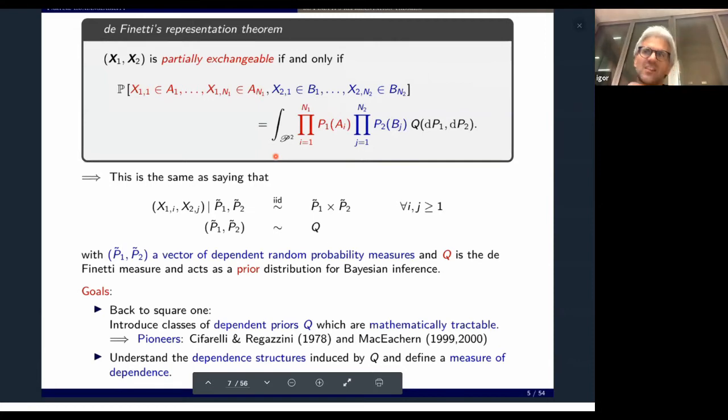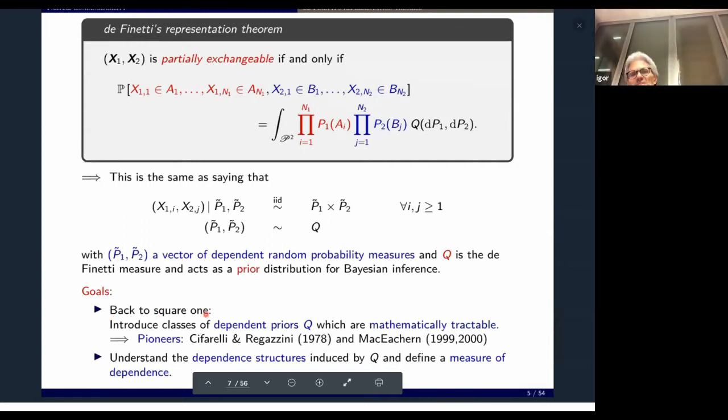And so conditionally on Q, within each sample, they will be IID. If you want to write it in hierarchical form, that's the way to see it: they are IID given a realization of your Q, which is now a product measure. But the point is that P tilde 1 and P tilde 2 now are dependent, so I need to work out a vector of dependent random probability measures, which is not easy. In a certain sense, we are back to square one.